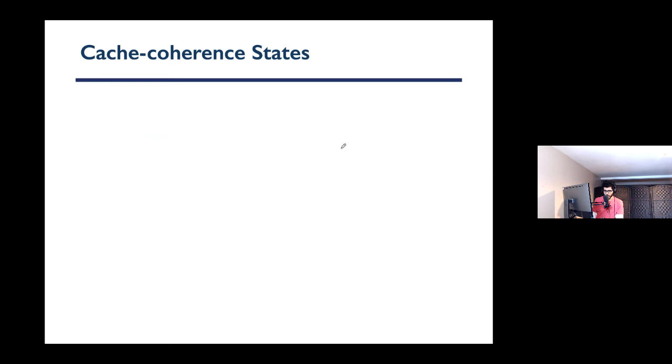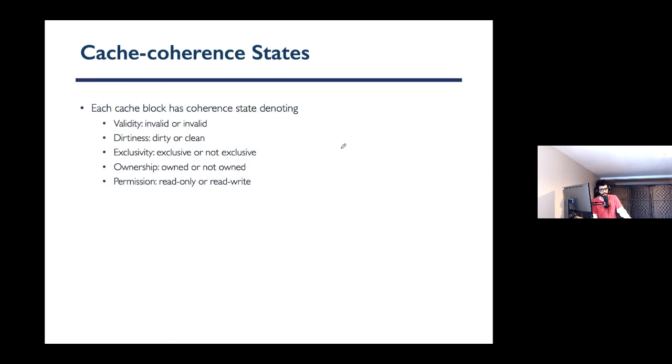So here is what you usually see in cache coherence protocols. This is a superset. As I said, there are so many different cache coherence protocols. We're going to see one or two of them.